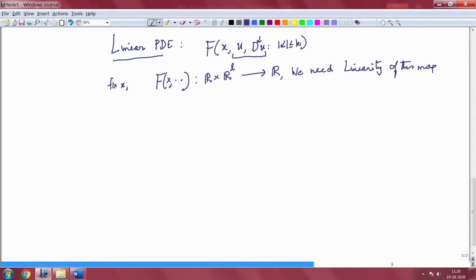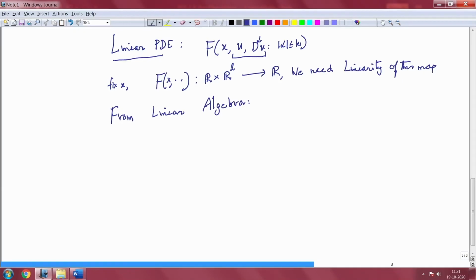Then from linearity, from linear algebra, you can have a form.